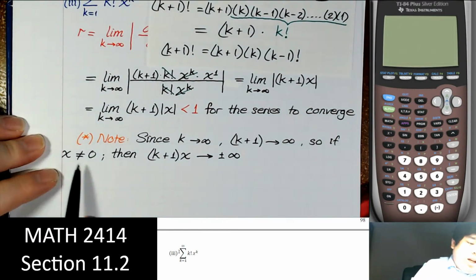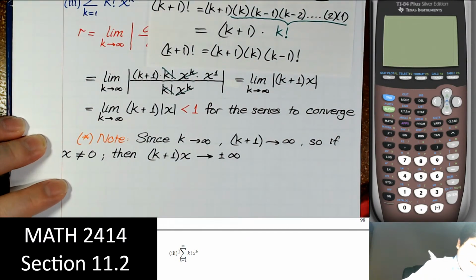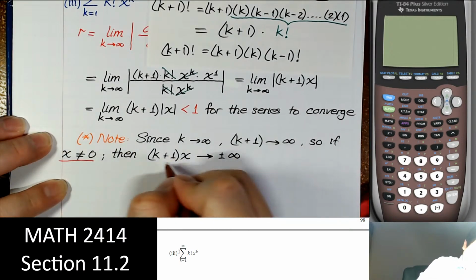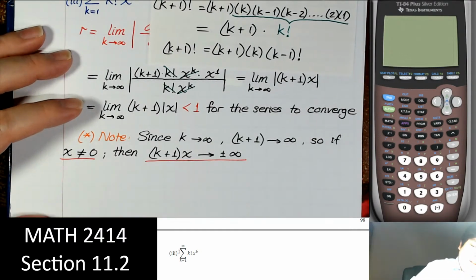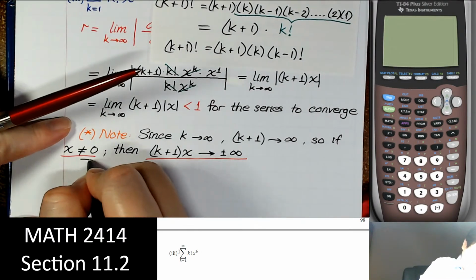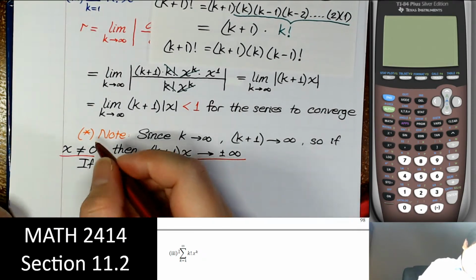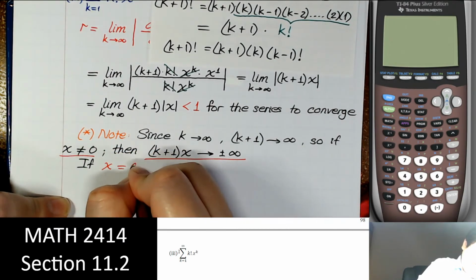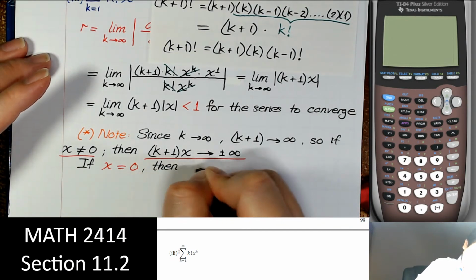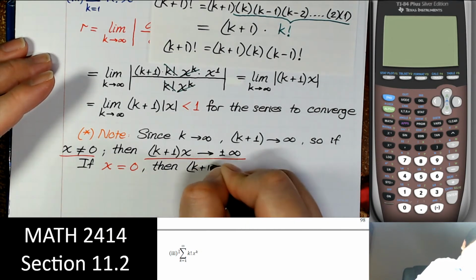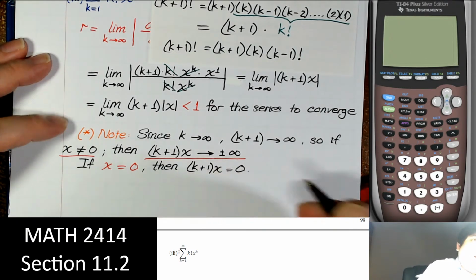So we say if x is not equal to 0, then that goes to positive or negative infinity. So the only case that is not the case is if x equals 0, then k plus 1 times x is equal to 0, and that's it.